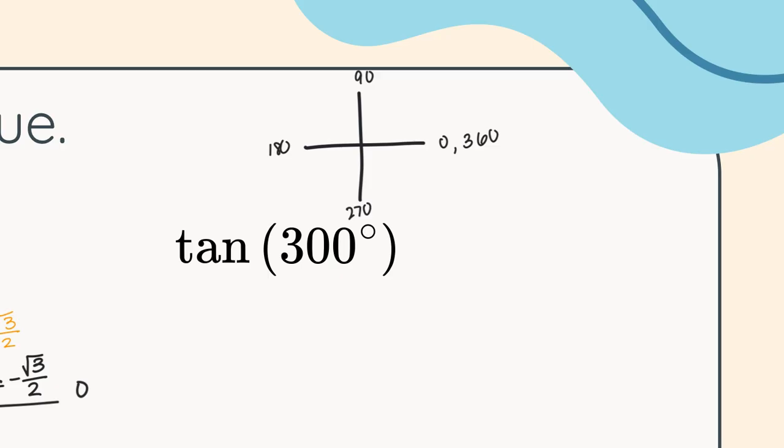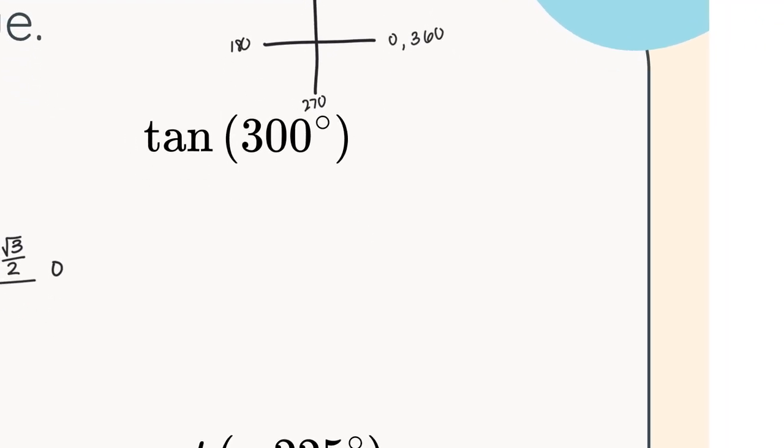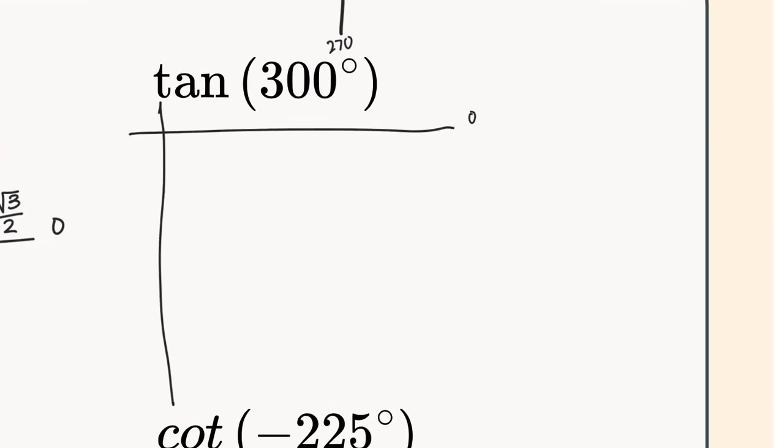I know 300 is going to be in quadrant 4, so I'm going to do a rough sketch of quadrant 4, just so I can have space to solve my work. So again, I have 0, 90 was up top, 180, 270, and 300 is somewhere right here, okay?